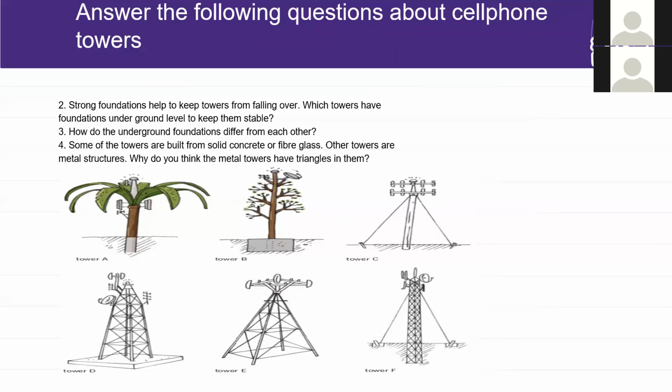How do they differ? D is not under the ground, it is on the surface. How do they differ? A is smaller and B is broader.